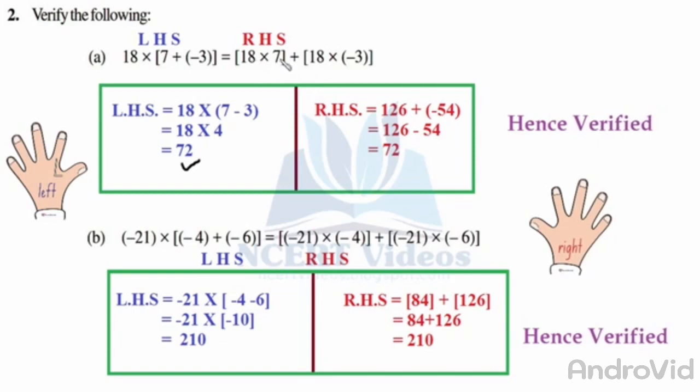Now right hand side, first we will multiply it. It is preferred to learn tables till 20, but you can also multiply it. 7 8s are 56, 5, 7 plus 5 is what? 12. So 126. Now here, plus sign as it is, solving it. 18 3s are 54.